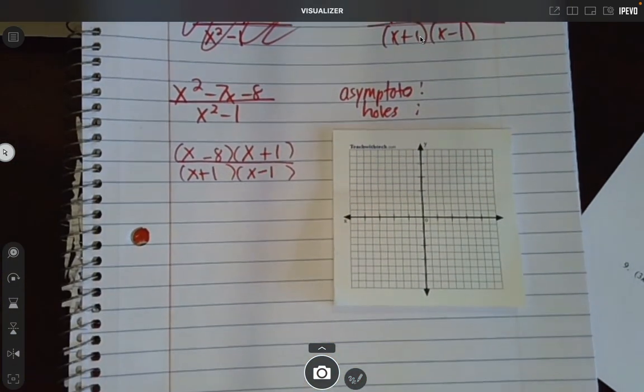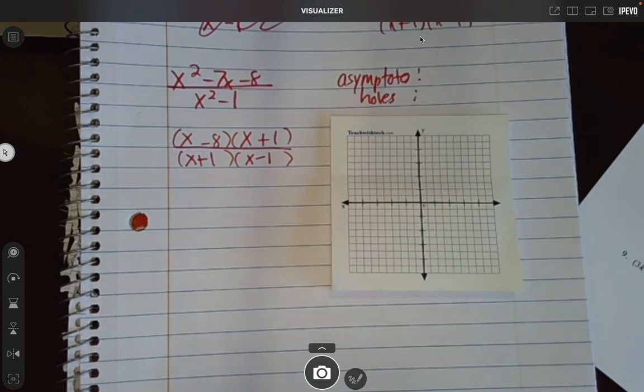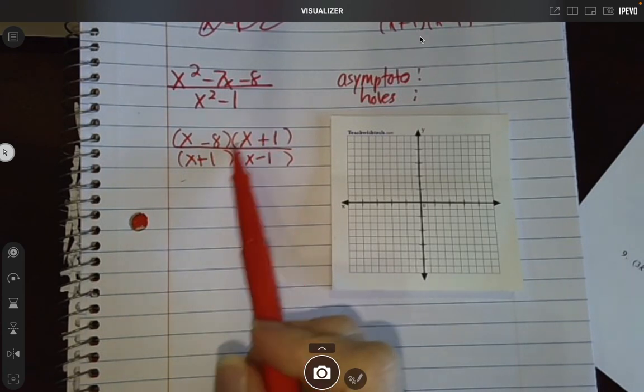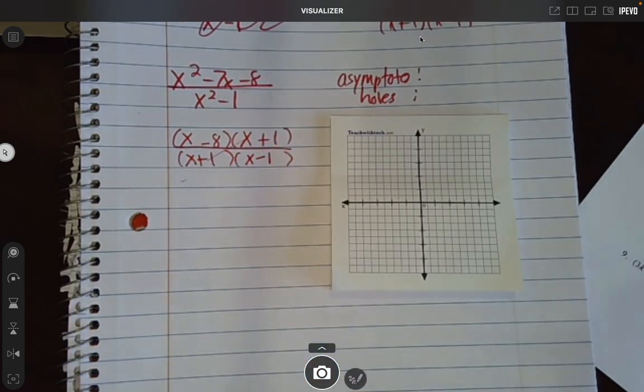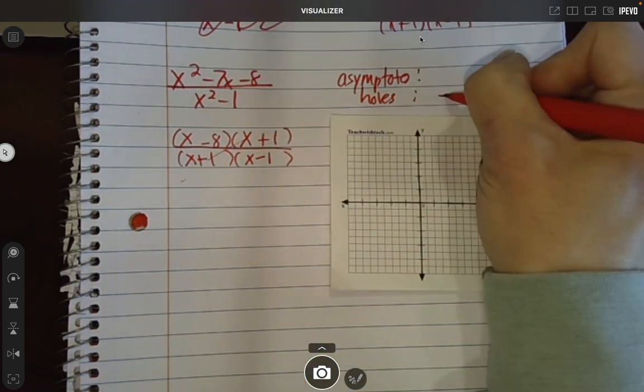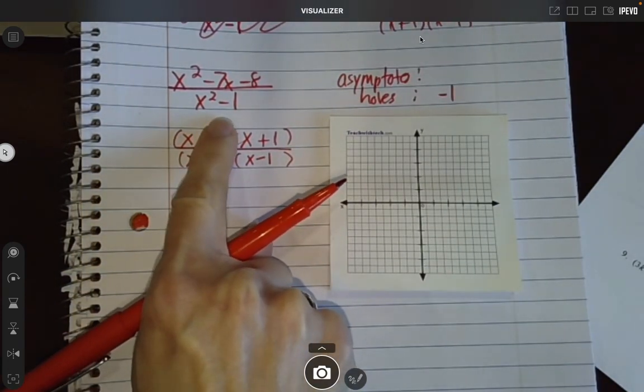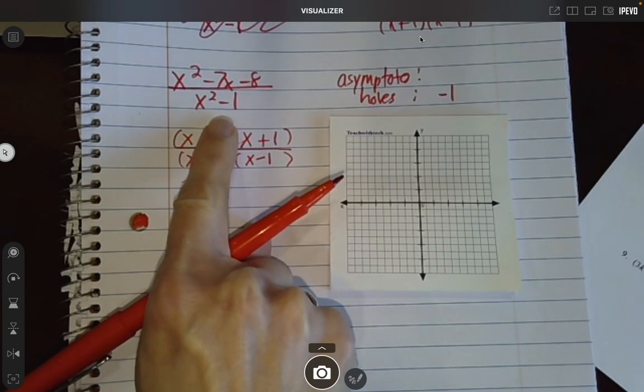Where is the hole? This is going to be the hole, which is at negative 1. Why plus 1 and negative 1? Because that's a difference of perfect squares. You can always factor that.